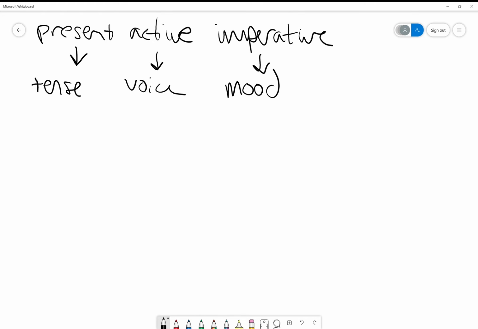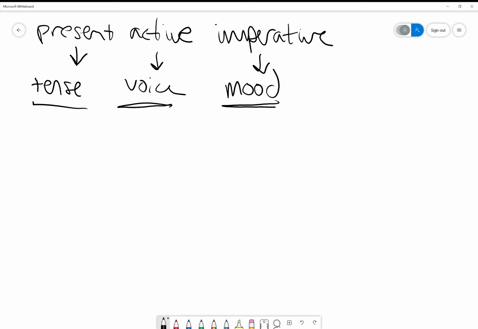Present tense would be something happening right now, as opposed to the future or the past. Active voice, that is I or the subject is doing something as opposed to having something done to them. For example, I eat, I dance, I sleep. Those are all active voice.